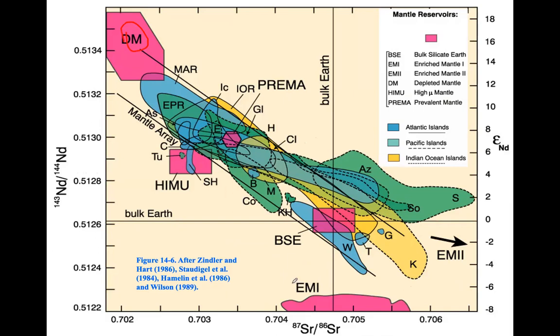DM, EM1 is there, and EM2. Actually, EM2 is somewhere some way away from this place, right? It's moving that way because its strontium isotopic composition is very high.